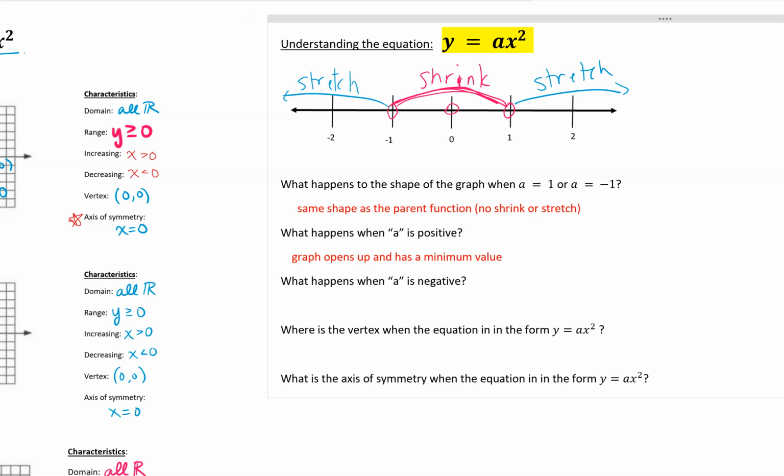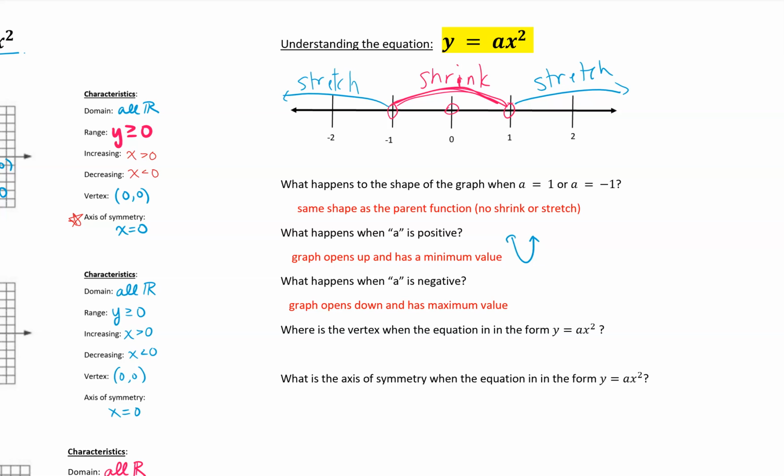Now when a is negative, that's when the graph opens down and it has a maximum value. We'll just go ahead and draw a sketch next to each one of those. If it opens up, then it has a minimum value. If it opens down, that's when it has the maximum value.